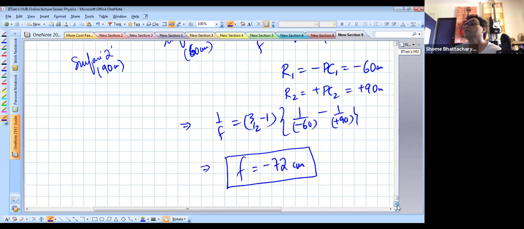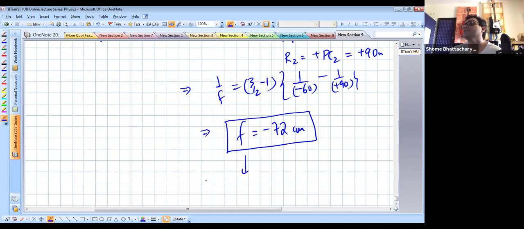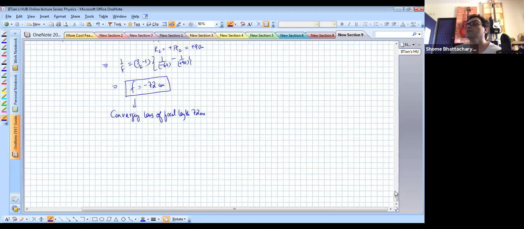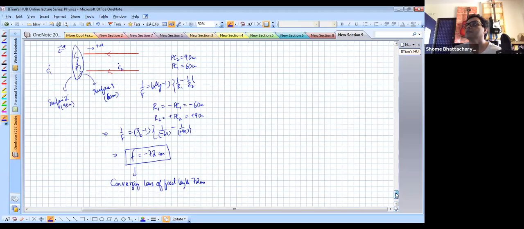It's still acting like a converging lens. So this is one important aspect to understand about thin lenses, that they are symmetrical from either side, or if we flip the lens, their behavior does not change.